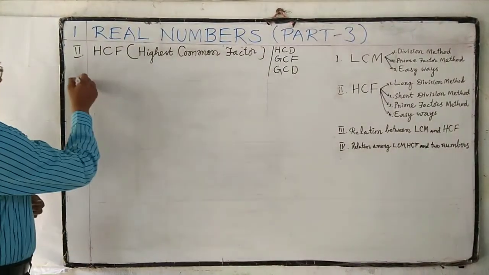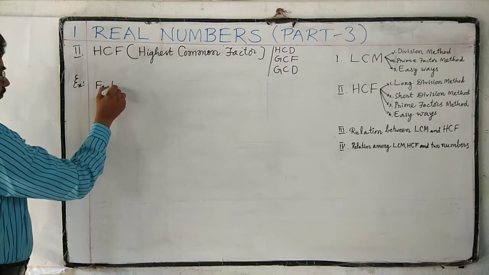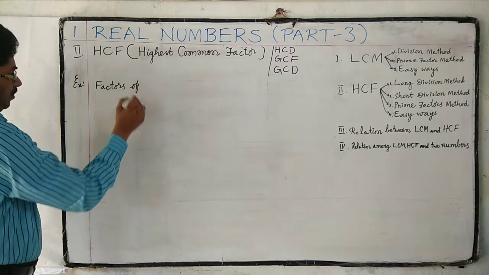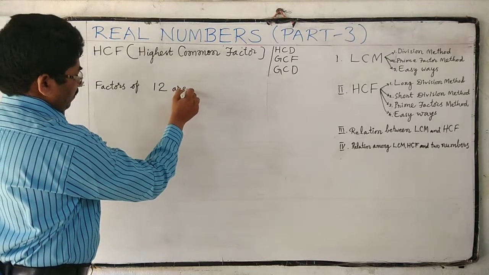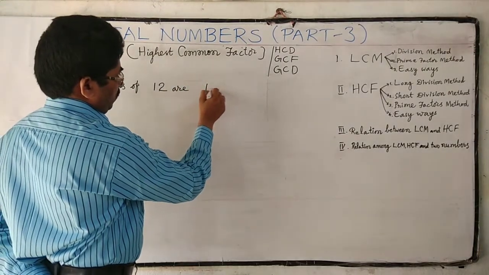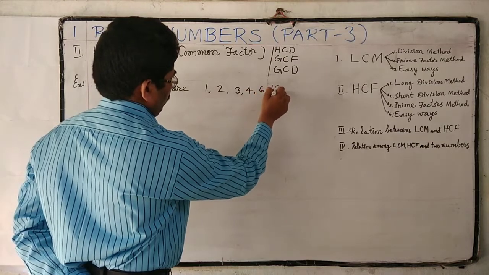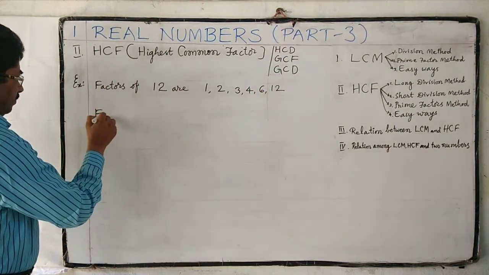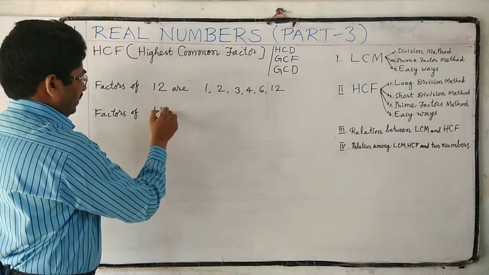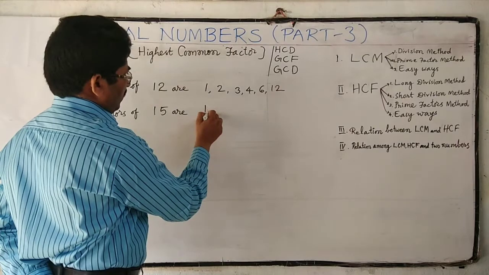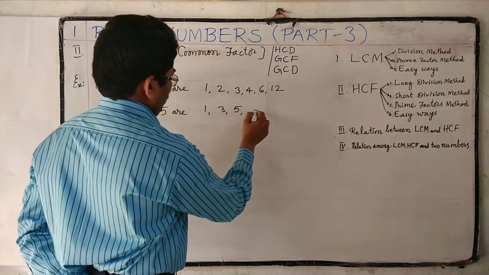So, example. Factors of 12 are 1, 2, 3, 4, 6, 12. Factors of 15 are 1, 3, 5, 15.